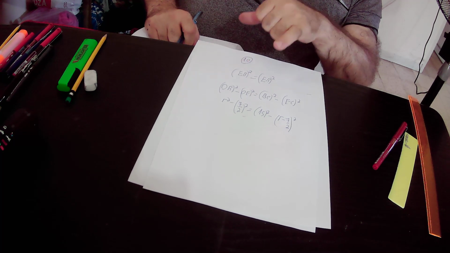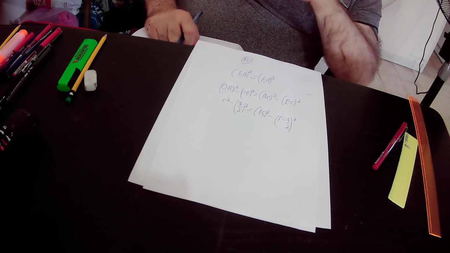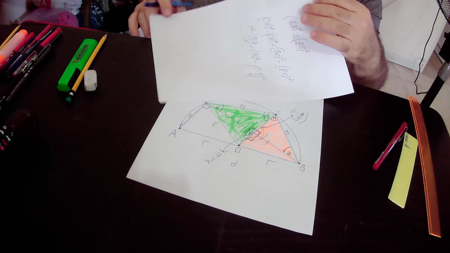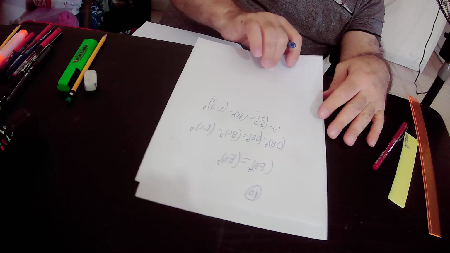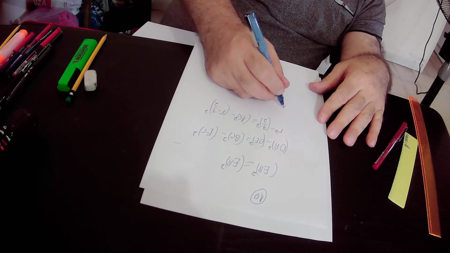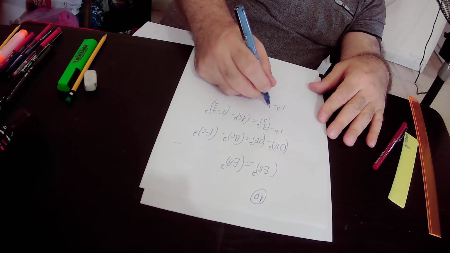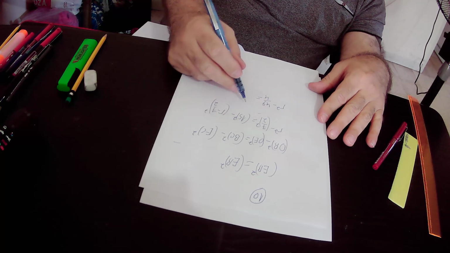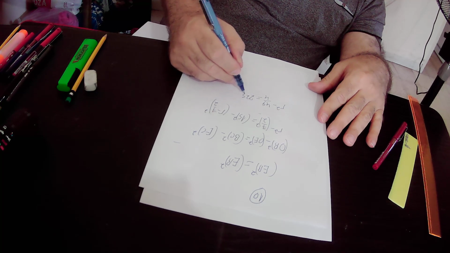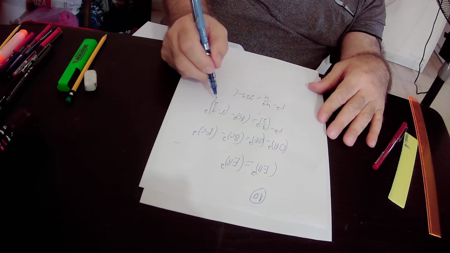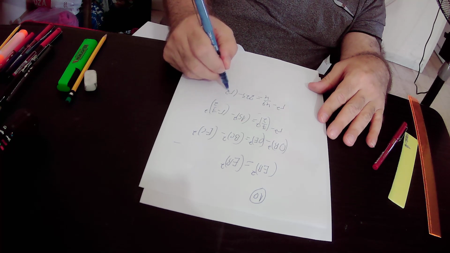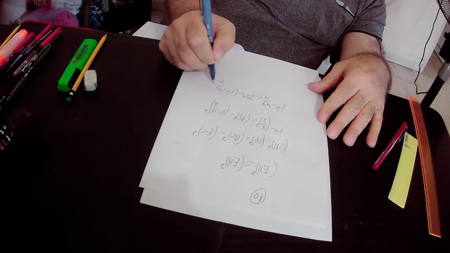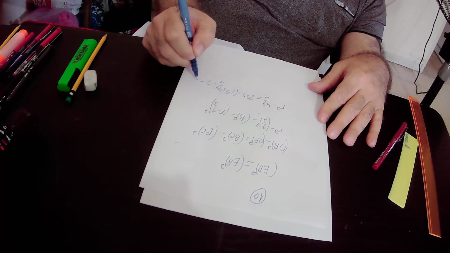Okay, 7 over 2 square is 49 over 4, and 15 square is 225. So I write it down. We get that R square minus 49 over 4 equals 225 minus R minus 7 over 2 square, which is R square plus 49 over 4 minus 2 times R times 7 over 2.